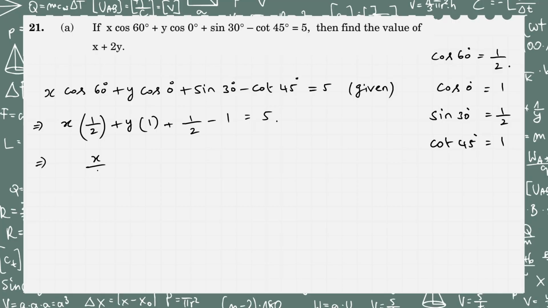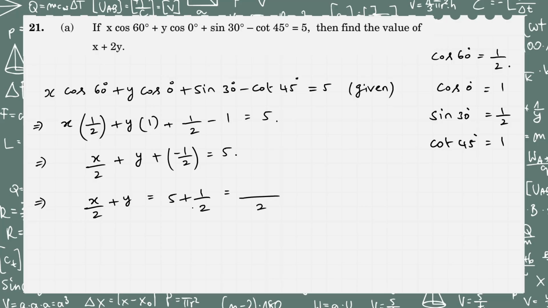So this implies x into 1 by 2 is x by 2, y into 1 is y, plus 1 by 2 minus 1 is minus 1 by 2 equal to 5. So this implies x by 2 plus y equals 5 minus 1 by 2, which can go to the other side and become plus 1 by 2, and we can take 2 as LCM here.